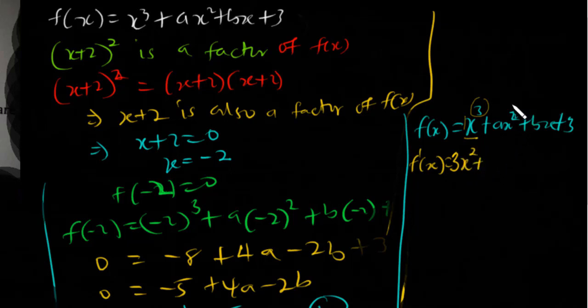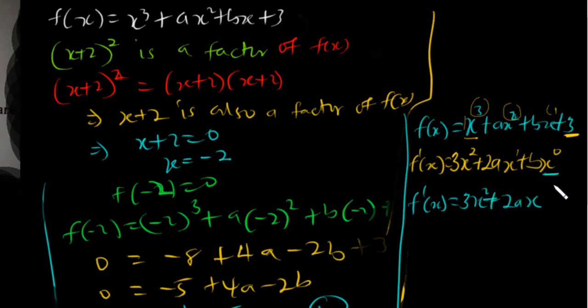You grab the power here, 2, to multiply a, we have 2a. Subtract 1, we have x raised to the power 1. The power here is 1, 1 times b. Subtract 1 from there, you have x raised to the power 0. If you differentiate a constant 3, you get 0. So we are now left with f prime of x equals 3x squared plus 2a x to the power 1 is x, plus b, any number to the power 0 is 1.